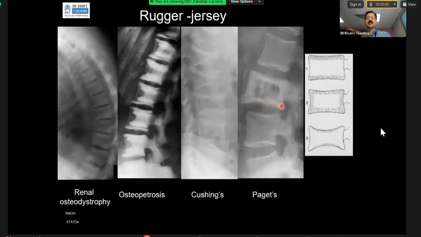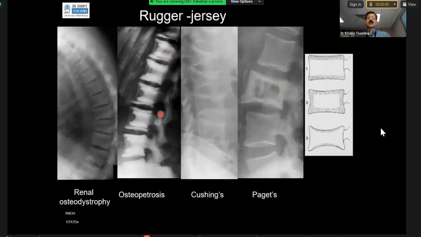If you see, this is sclerosis. There is nothing else in the world which will cause this. There can be sclerosis here and here, but here and here there is nothing else. This is known as picture frame vertebra, and this is Paget's disease. The size is also increased, and the same disease can extend to the posterior part also.